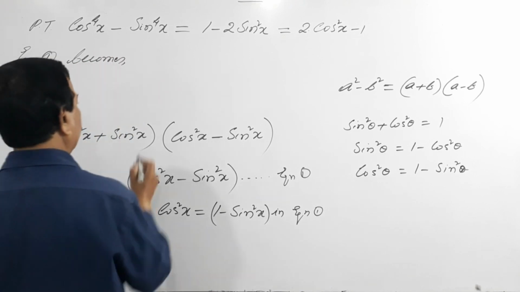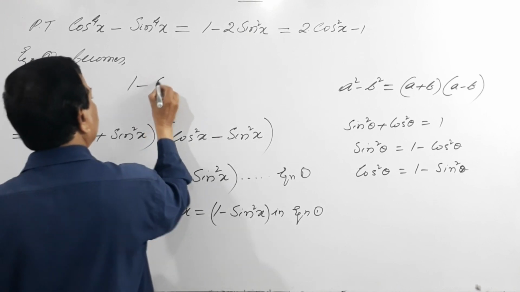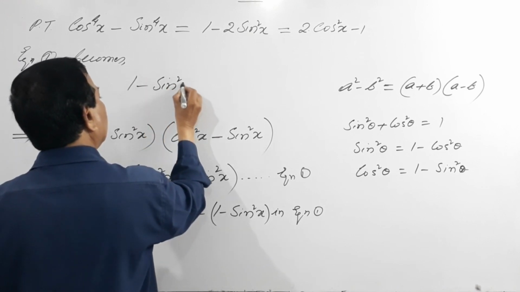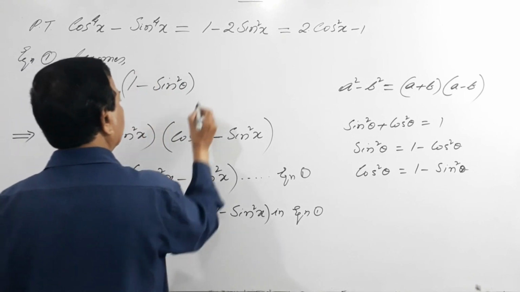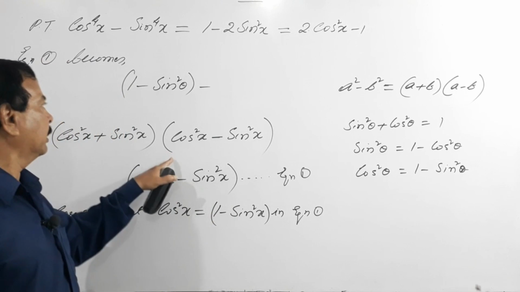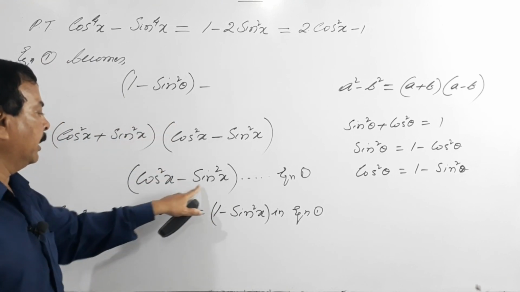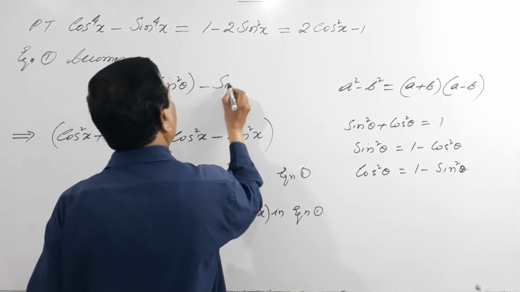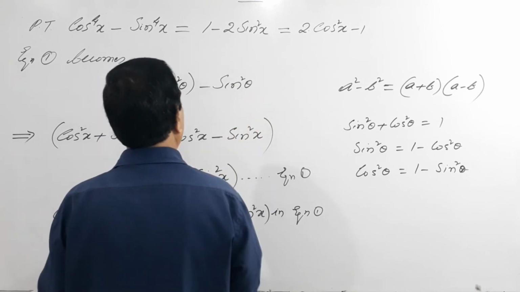So this becomes 1 minus sin square theta minus sin square theta. Done.